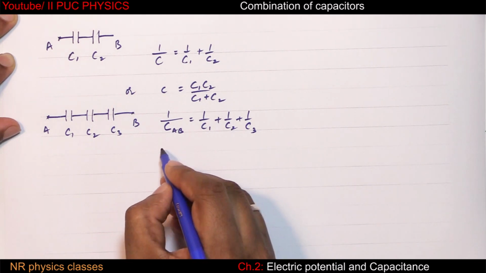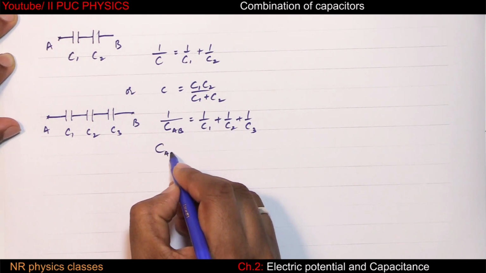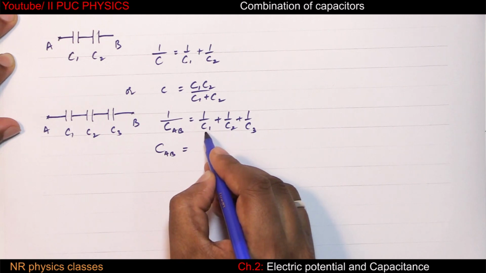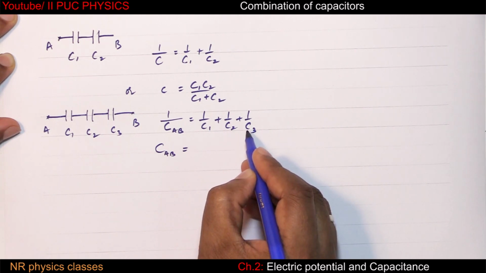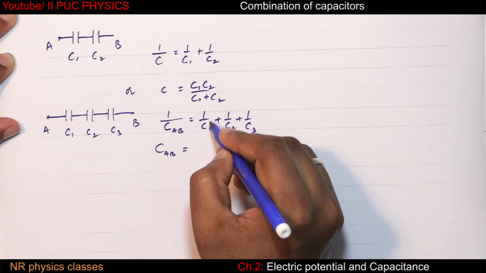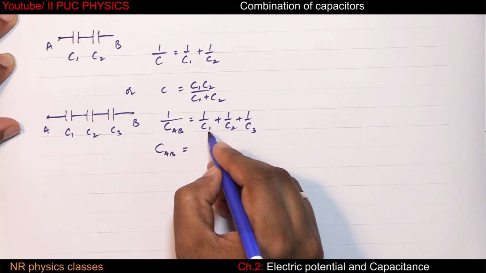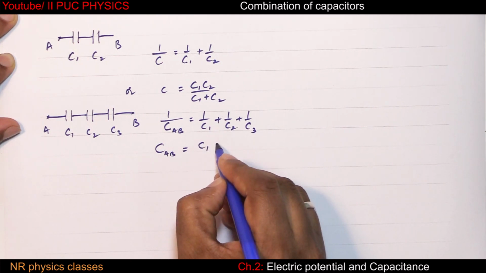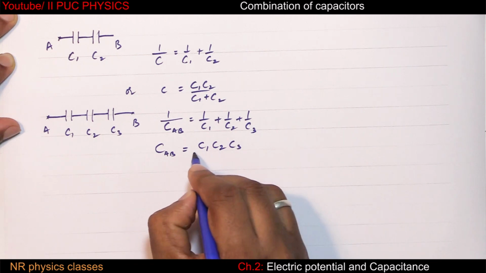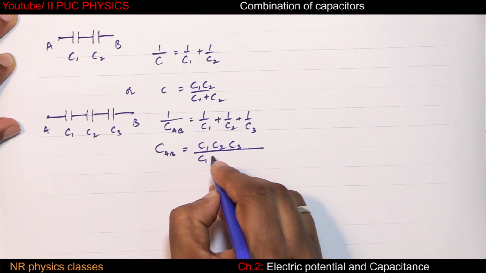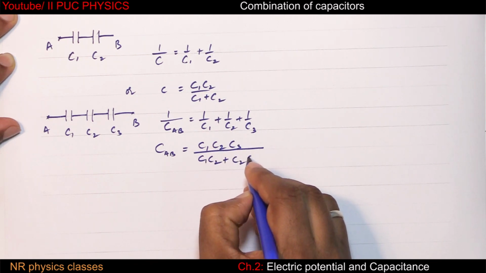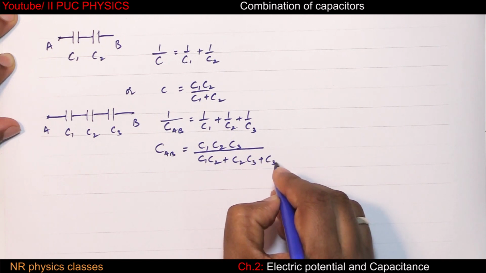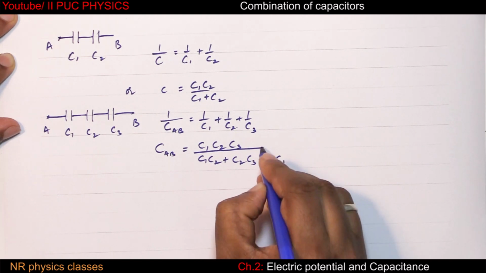If you simplify this, again take LCM, simplify and take the reciprocal. So what we get is C1 C2 C3 by C1 C2 plus C2 C3 plus C3 C1.